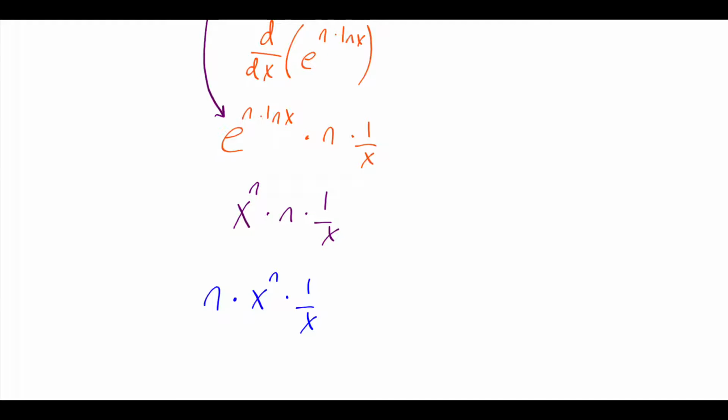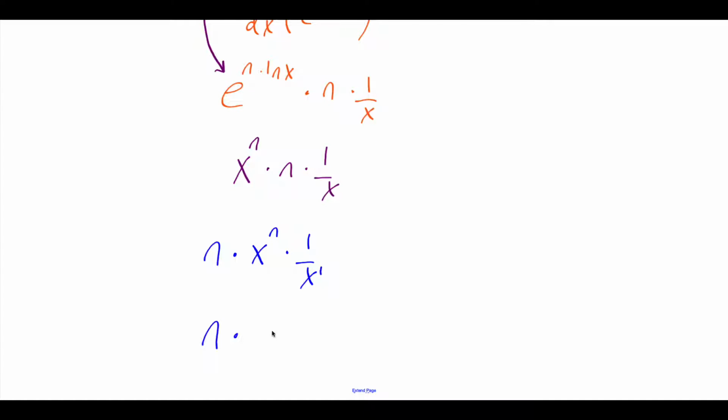Now we're able to do a little canceling. We have this 1 over x, but then we're multiplying by some x's in here. Now this is an x to the first power. When we do this canceling, we would technically subtract the powers. So we've got n times, if we take this n and subtract that 1 power, that gives us x raised to the n minus 1 power, which is just the power rule.